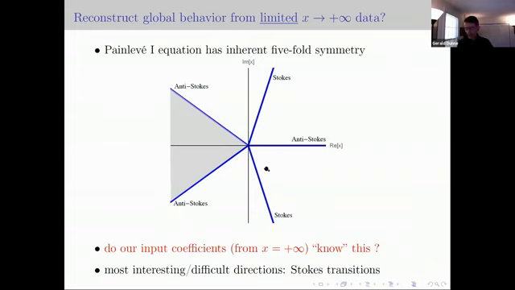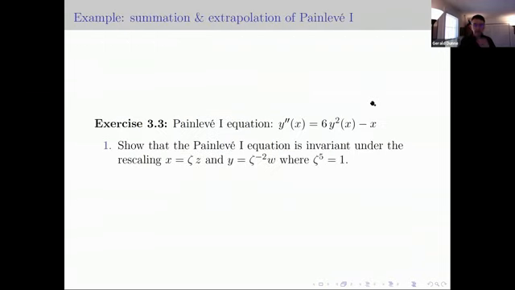Now, this sounds like a somewhat foolish question, but one of the motivations for studying resurgence is that maybe something like this is actually possible, because the idea of resurgence is that these formal asymptotic expansions actually know something about the full transseries structure of the solution. So this is my goal now, to study what happens in these various interesting directions.